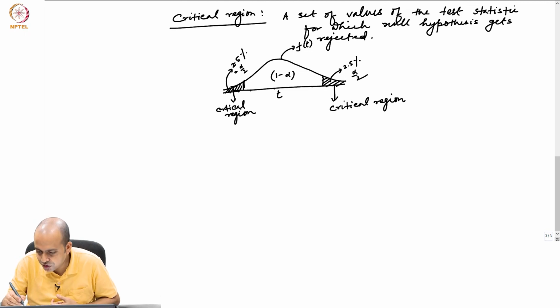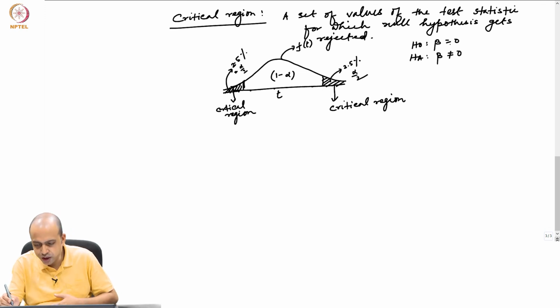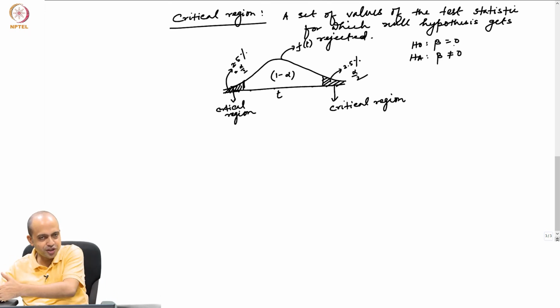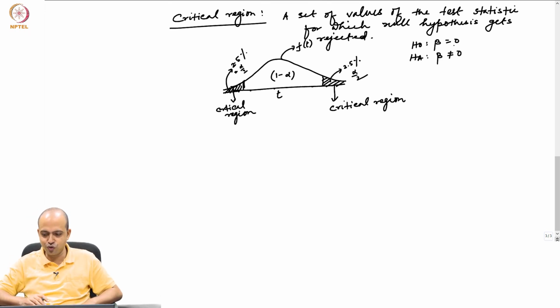Because your null hypothesis is beta equals to 0, and the alternative hypothesis is beta not equals to 0. Since the alternative is beta not equals to 0, it can be either on the left side or on the right side of the distribution.